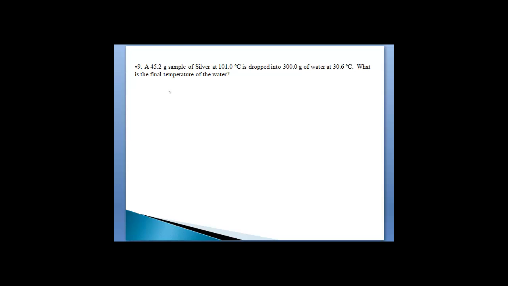Alright, so again, let's just say you're reading through this and you start setting it up the same way. And let's say you have Q is equal to mCTF minus TI. So you're doing the same thing. So what you're going to notice with this one is going to be a little bit different.